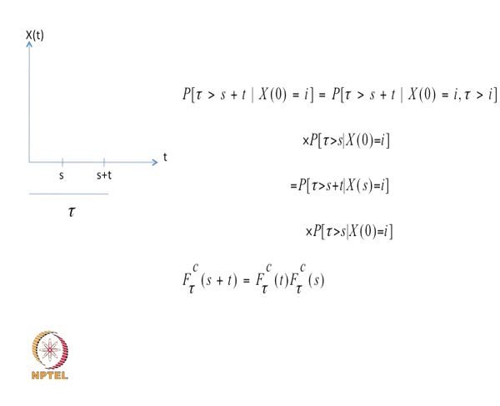The first factor I can rewrite as the probability of tau greater than s plus t given that X(s) = i, because X(0) = i as well as tau is greater than s, where tau is the time spent in the state i. Therefore, X(s) = i by combining these two concepts, multiplied by the probability of tau greater than s given that X(0) = i.